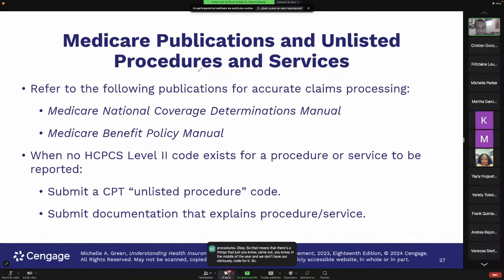So we will be able to bill for it if we use an unlisted procedure code. But you can imagine that the documentation for that will be extensive. It's the same with the CPT, or level 1, and the same with level 2. It is a lot of documentation, explaining exactly what happened, and 99% of the time it will not get paid, just so you know.